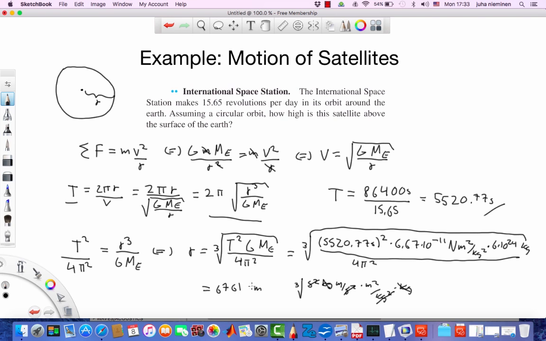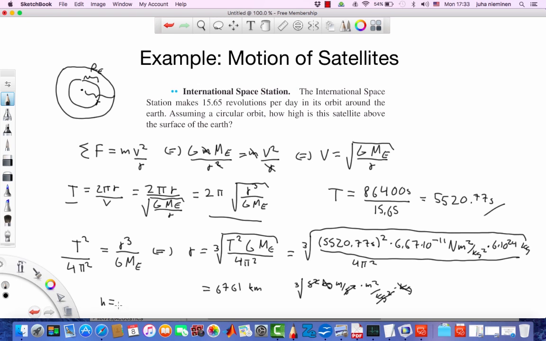The magnitude is about 6,761 kilometers. But remember, this is just the radius from the center of the Earth, so we need to subtract the radius of the Earth to get the altitude.